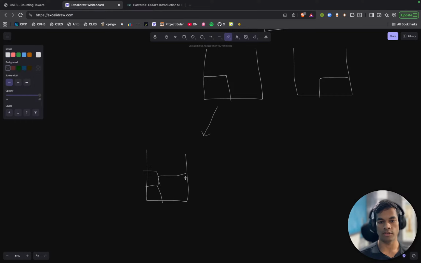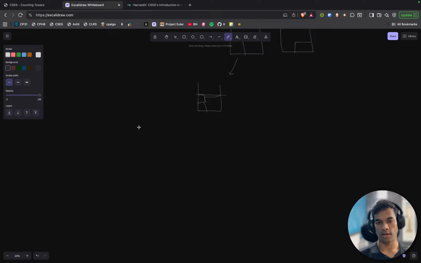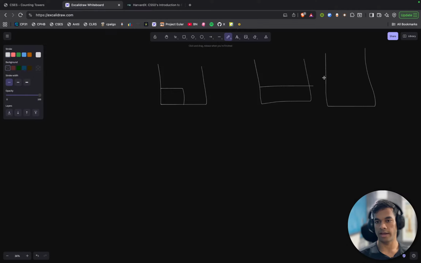That is also a choice, or we could go with this. These choices are going to be entirely dependent. So this is one of the choices, this and this.